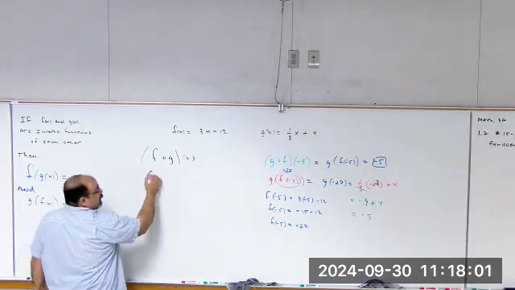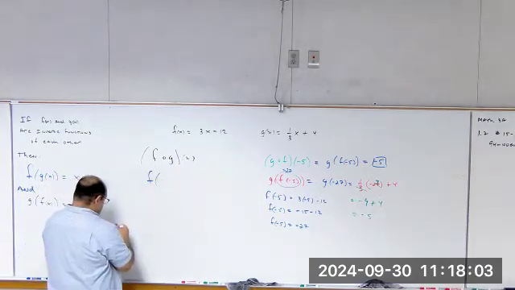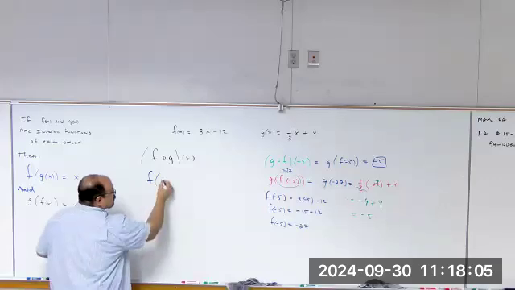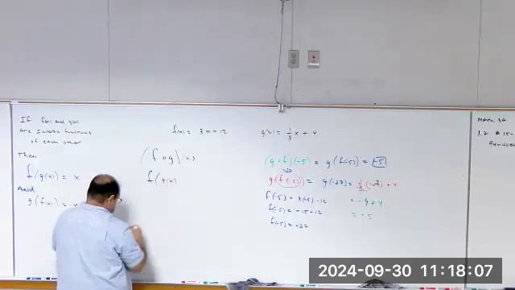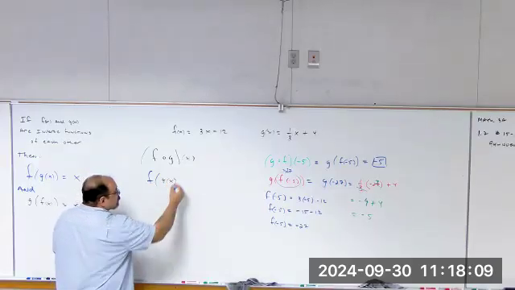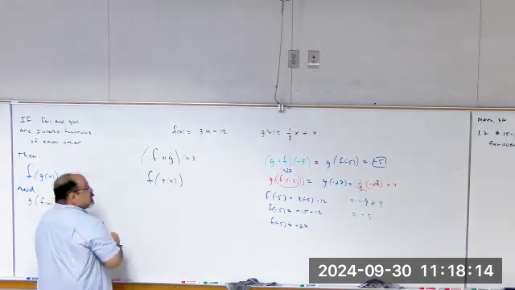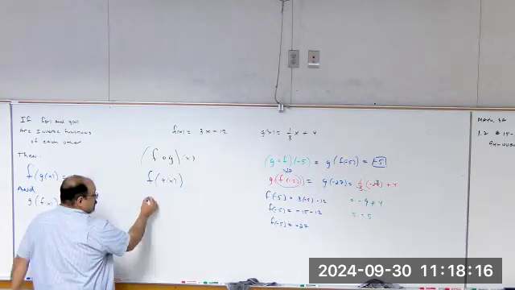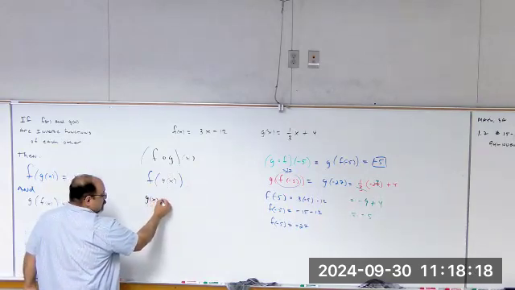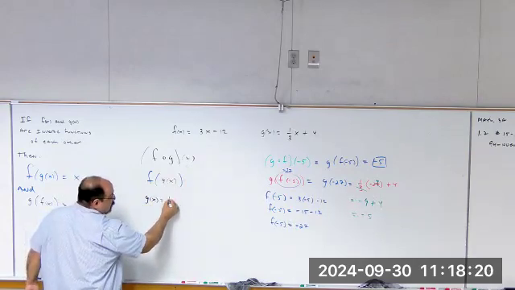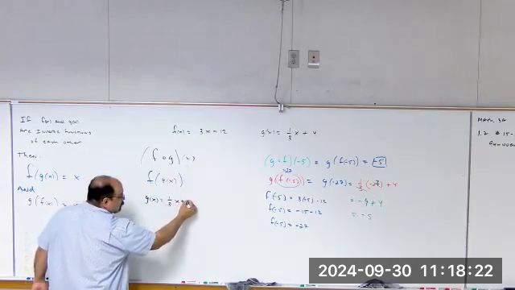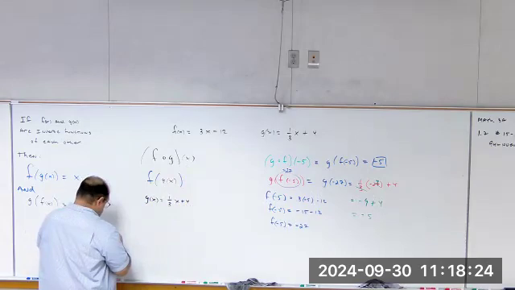From left to right, F, and then inside F, you're plugging in G of X. Well, you got to go figure out what G of X is. G of X is that 1/3 X plus 4. That's all you know. So that's all you can work with.